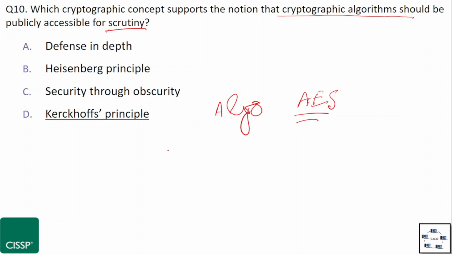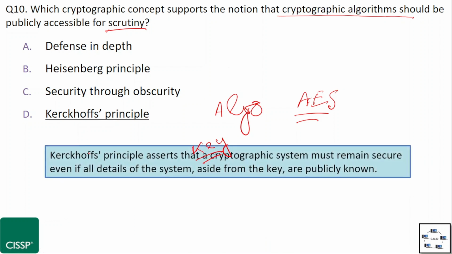The only thing that needs to be kept secret is the cryptographic or encryption key. Everything else should be available for public scrutiny. So Kirchhoff's principle asserts that a cryptographic system must remain secure even if all details of the system aside from the key are publicly known.